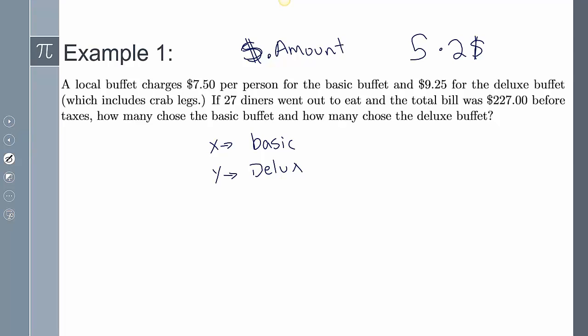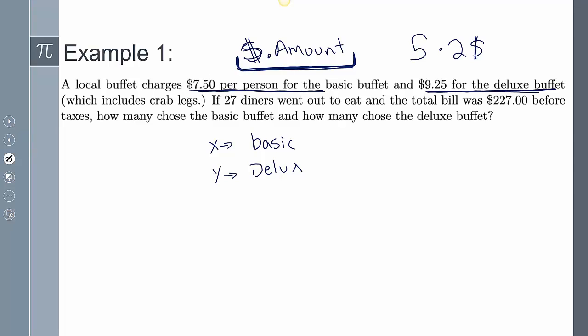So I can say X is the basic and Y is the deluxe. Now if I want to use this established relationship, this price times amount, that means I can establish a relationship between $7.50 per person and $9.25 per person for the deluxe.